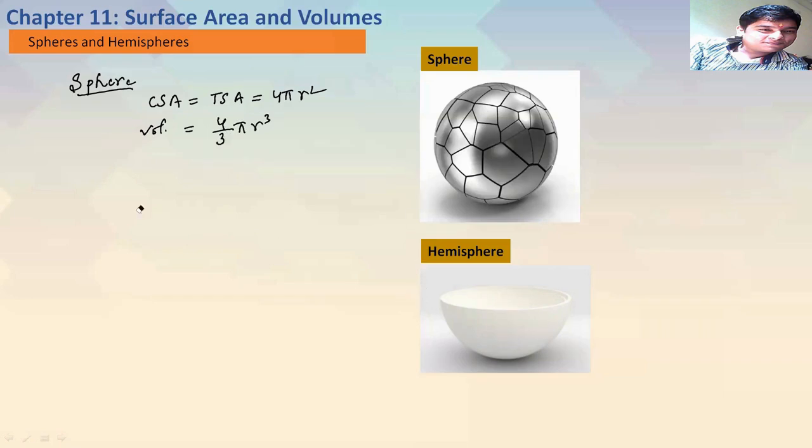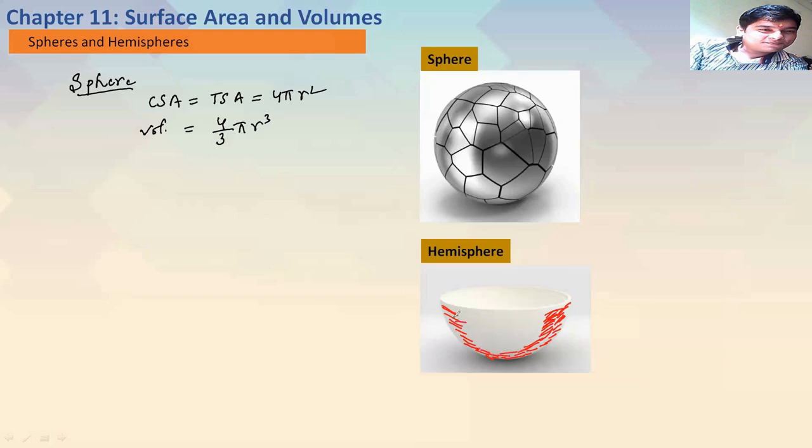Now look at the hemisphere, Raghav, carefully. In a hemisphere, we have a curved surface. This part is curved, right? And we have a flat surface also. Do you notice? So here, the curved surface and the flat surface are distinct.